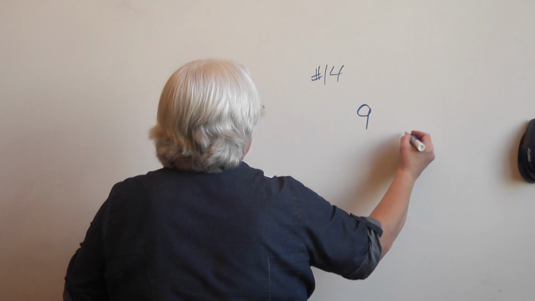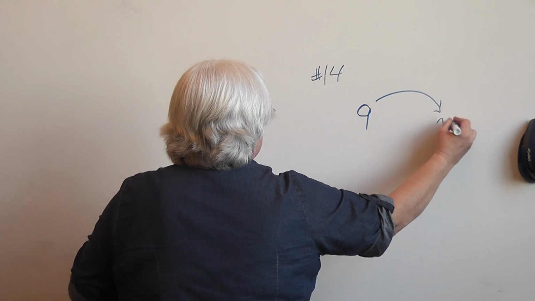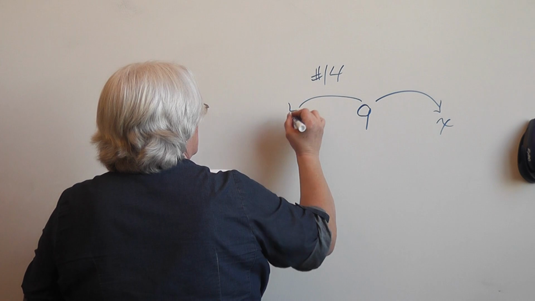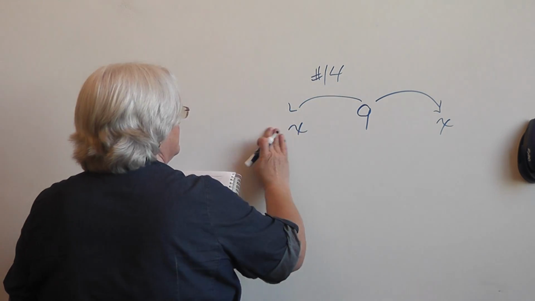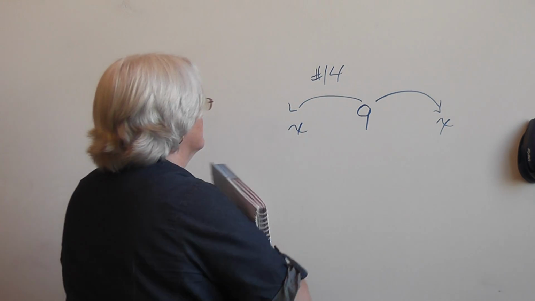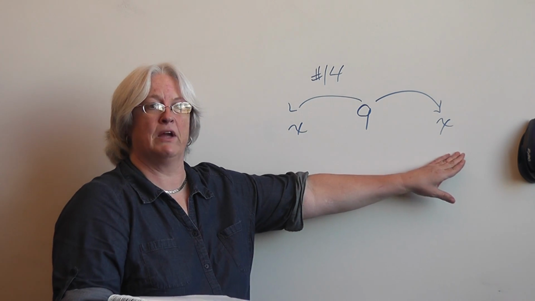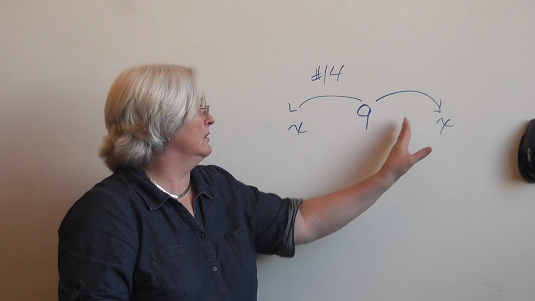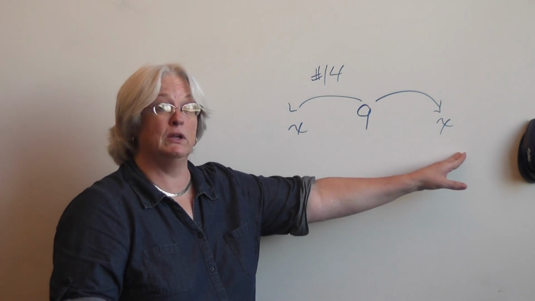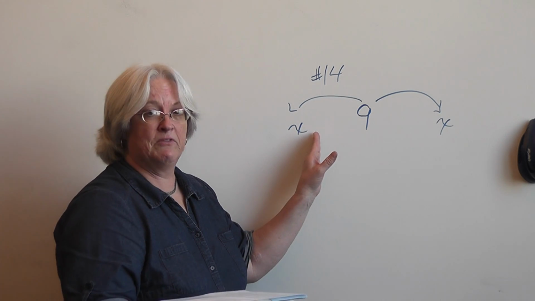So here we have 9. The number can be here, or the number can be here. The distance of some number x is 4 units from 9. You know, it could be 13, or it could be 5.